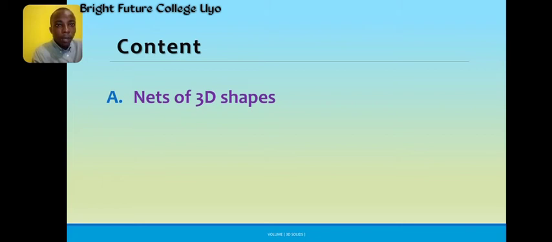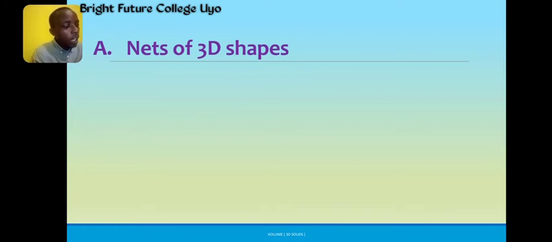Okay, so we go with the content. The first is nets of three-dimensional shapes, and second is the volume proper. Now let's look at the nets.